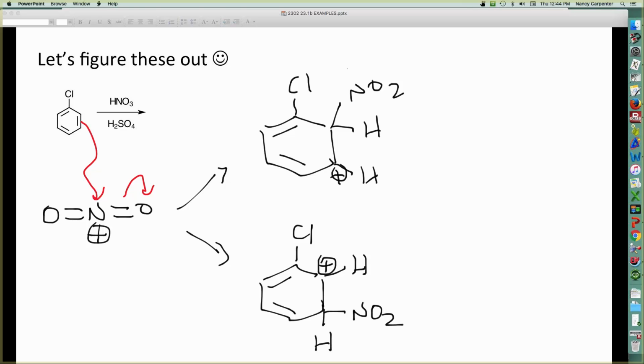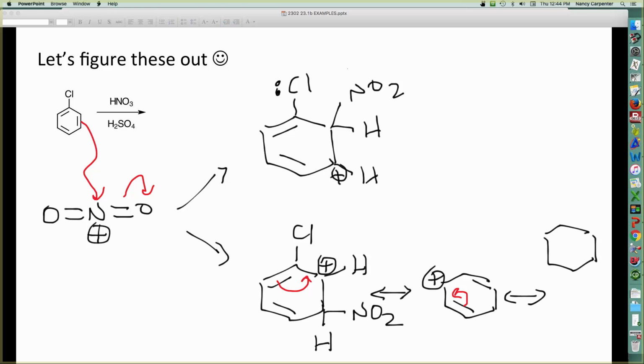All right, now which one is going to give me the opportunity to use the lone pair on chlorine to stabilize that carbocation? Well, let's go through the bottom one. If I do this, I get positive charge here, and if I move this, I get positive charge here.